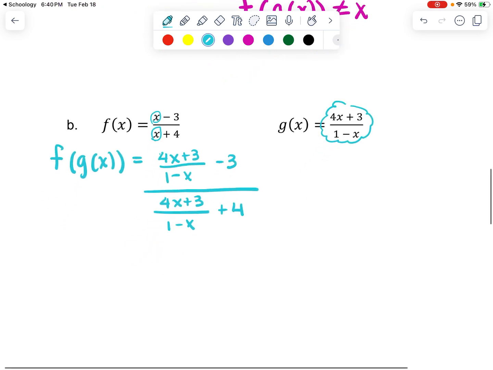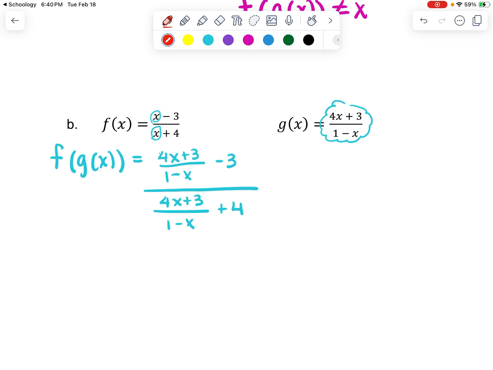Okay, we're going back to first semester. Yay, fractions. I think the easiest thing would be to get a common denominator. So I'm just going to focus my attention here. My common denominator is going to be 1 minus x.